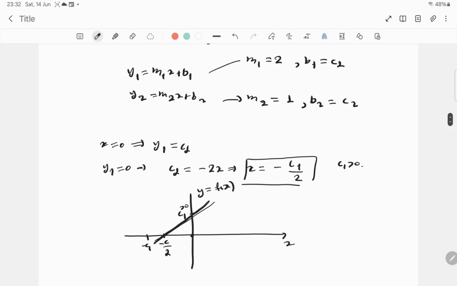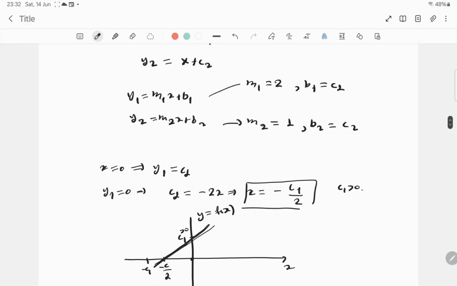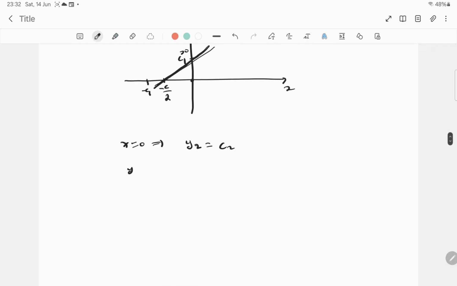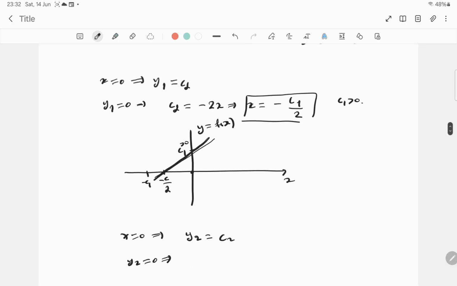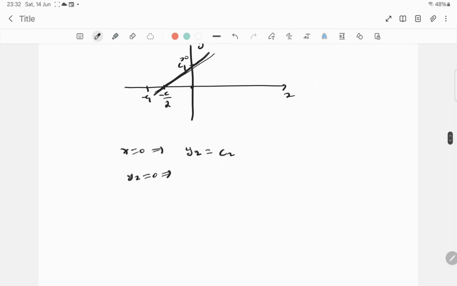And for y2, when x is equal to 0, y2 equals c2. And when y2 is equal to 0, you have 0 equals x plus c2, so x equals minus c2.